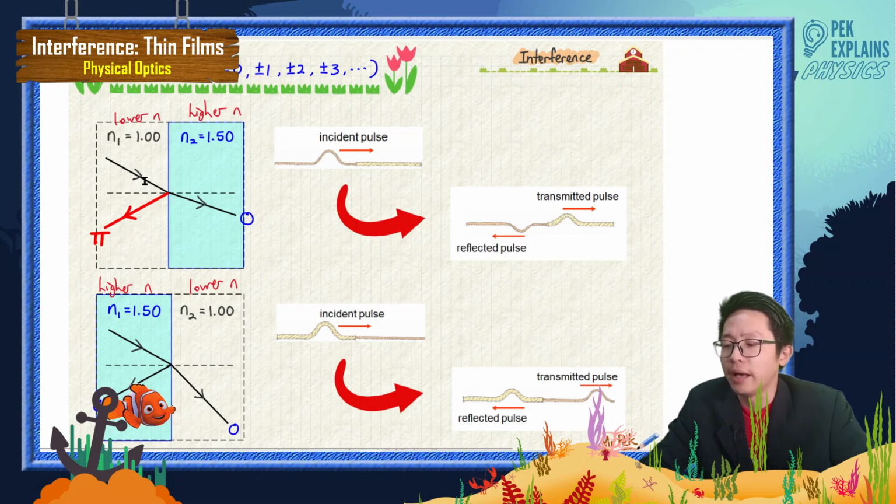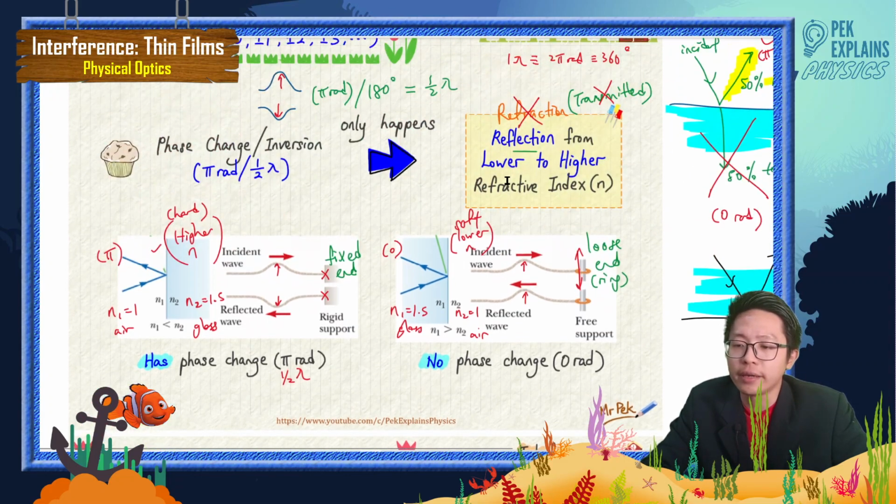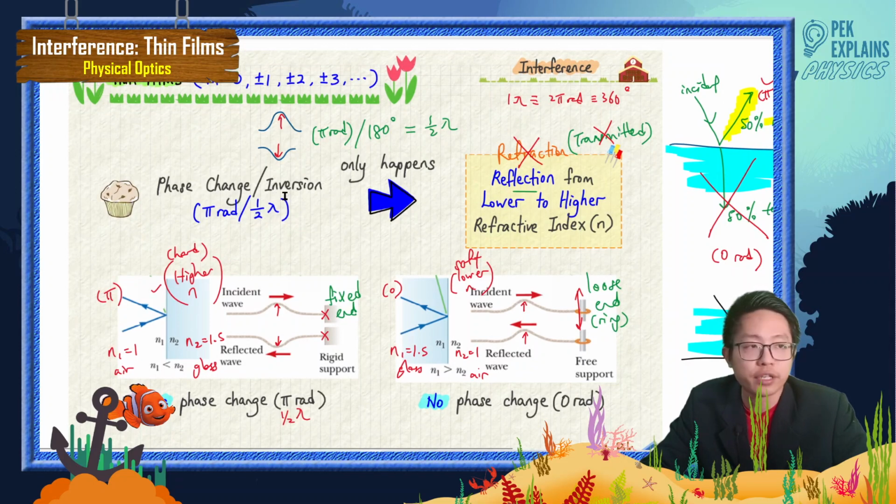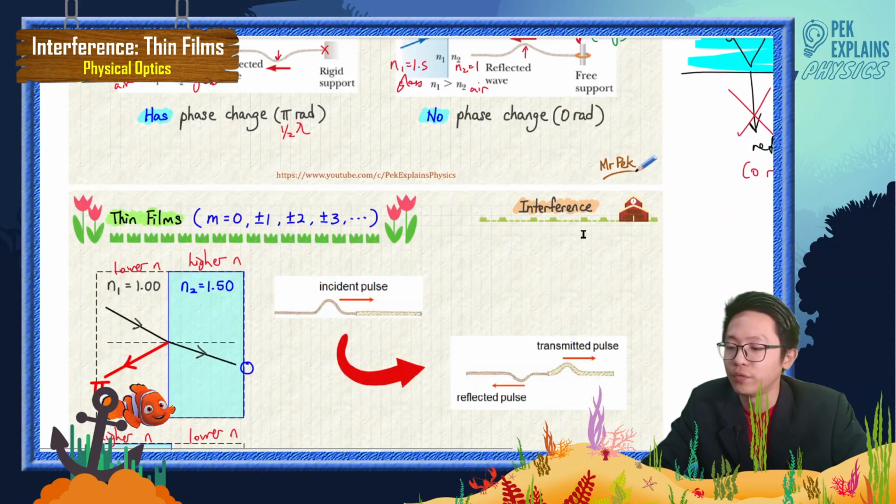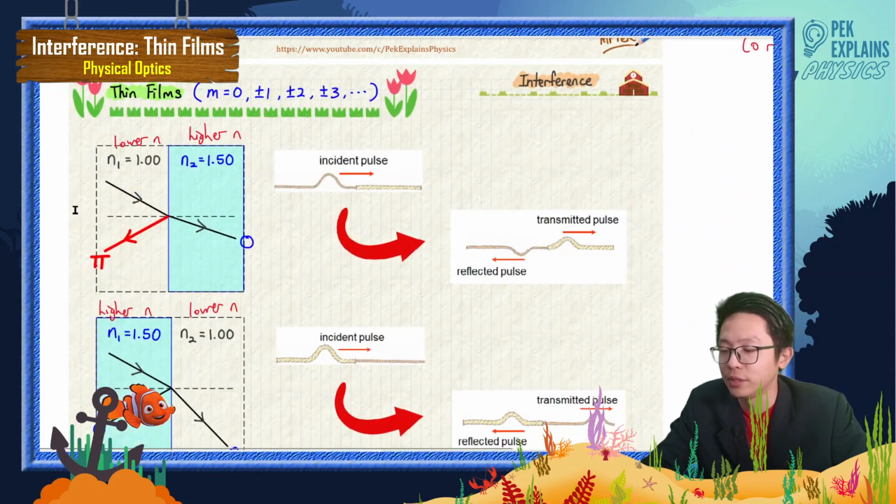As I mentioned before, phase change only happens during reflection from lower to higher refractive index. So phase change only happens when the light is reflected from lower to higher refractive index, let's say air to glass. The reflection here gets a phase change.